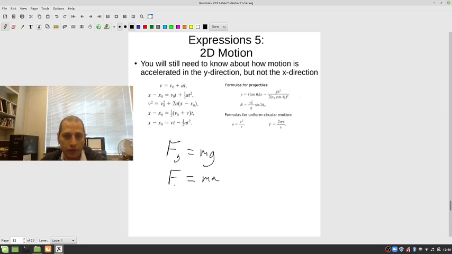If the net force is just the gravitational force, your mass times the acceleration is just going to be that mass times the gravitational field strength, and your acceleration in the y direction would just be your gravitational field strength, or 9.8 meters per second squared.